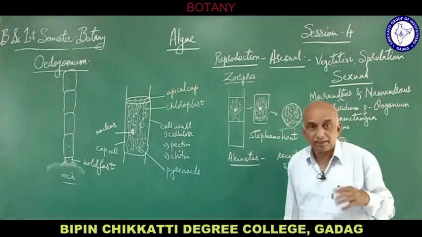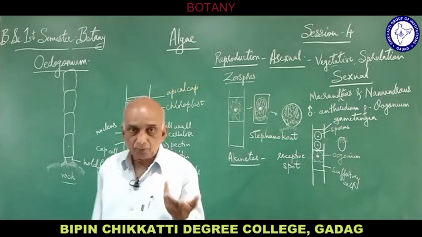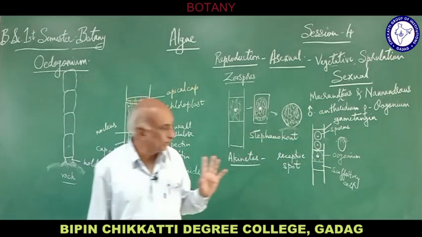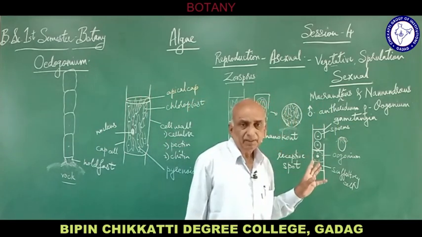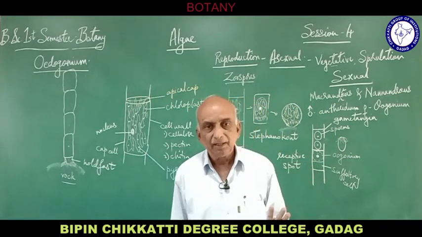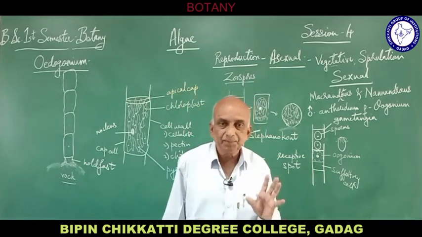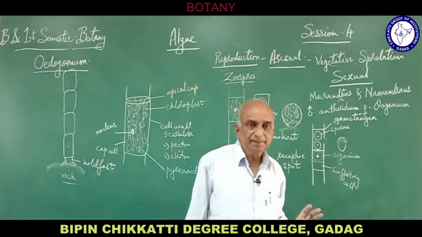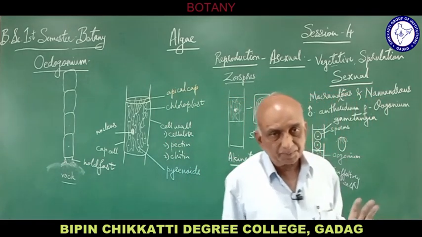But in anthridium, two gametes are produced. In oogonium, a single egg or ovum is produced, and this oogonium is having a reserved food material and a receptive spot. So when the receptive spot is formed, it means that the oogonium is well developed to receive the sperm.